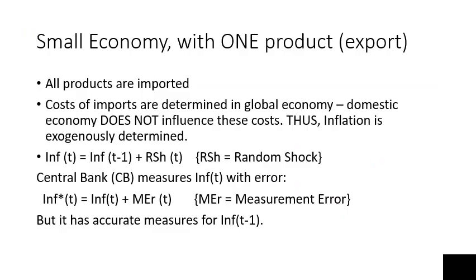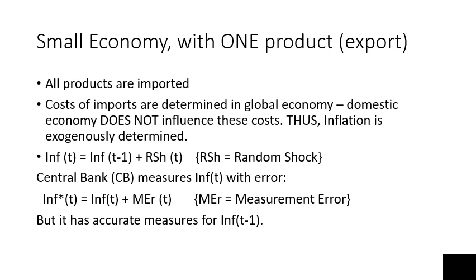In contrast to the idea that statistics is purely concerned with analysis of numbers, in real statistics we say that we must look at the real world structures. So we explore a hypothetical, simple, small economy which exports only one product and all of its other products are imported.